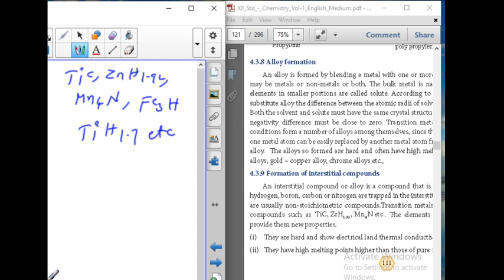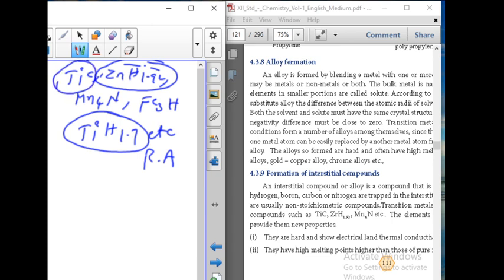Transition metal hydrides are useful as powerful reducing agents. So metallic hydrides we are using. These are the powerful reducing agents. And metallic carbides, like titanium carbide, are chemically inert, so they cannot react with any other compounds, which means they form more stable compounds.